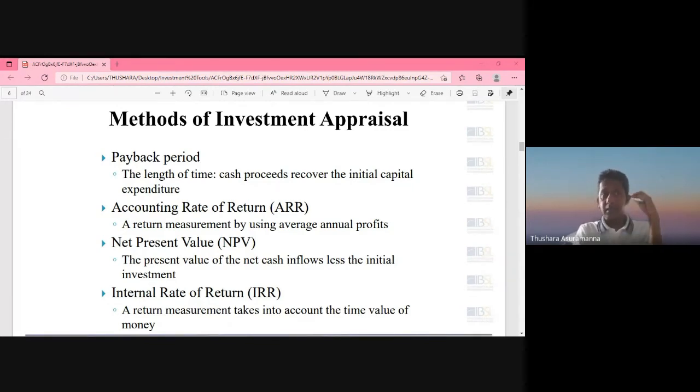ARR is P&L related, profitability against the investment. Say you invest 10 million and the average profit of, let's say, a 3-year, 4-year, 5-year, 6-year project, and then you divide the profit by investment, you get a figure. That's called ARR. Higher the ARR, you say, I'm good with that.